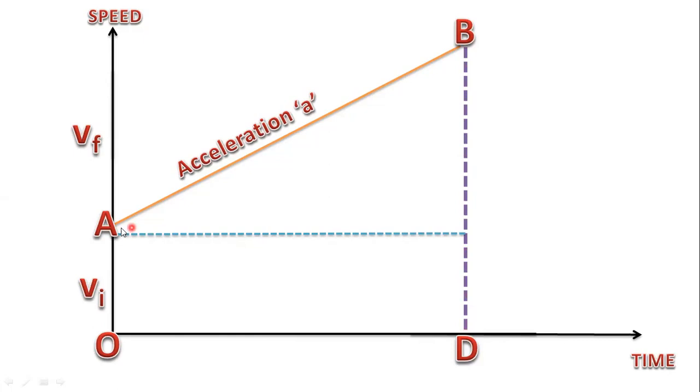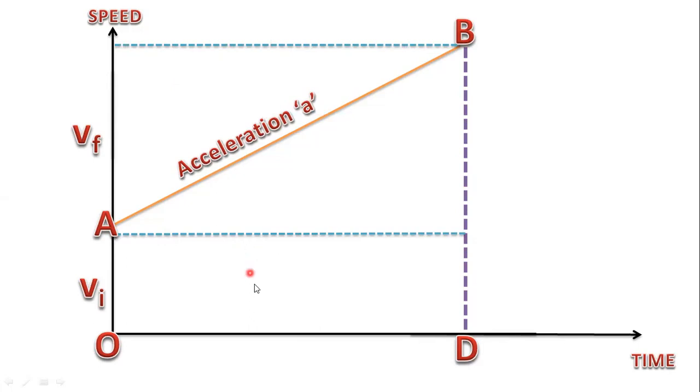BD is the line drawn perpendicular from B to the timeline. From B we can draw another line meeting the y-axis.